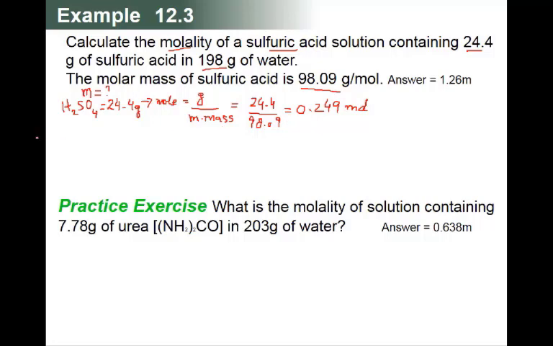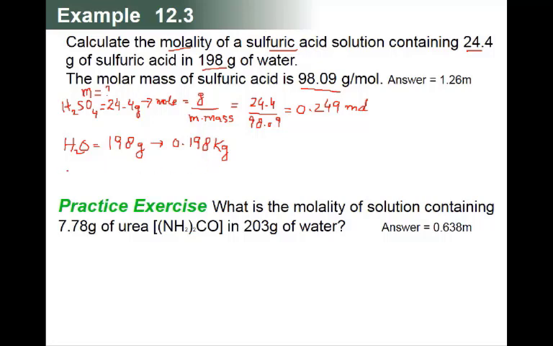Then we have to convert the gram of water into kilograms. Water H2O is equal to 198 gram. You divide by 1000, so it becomes 0.198 kilogram. Why do we convert into kilogram?